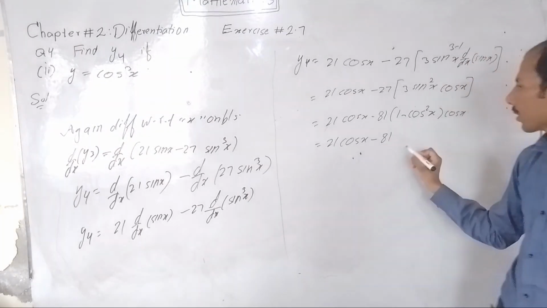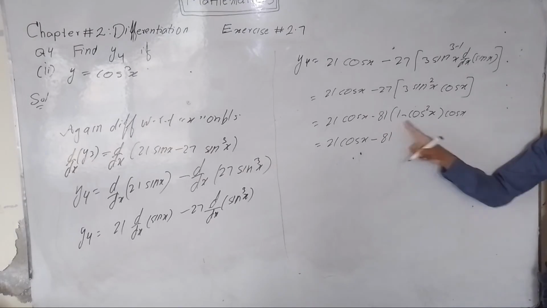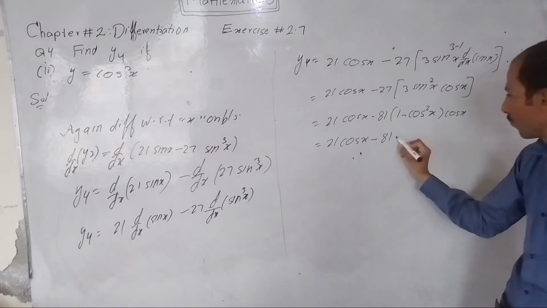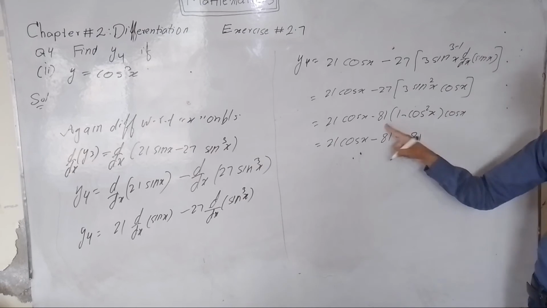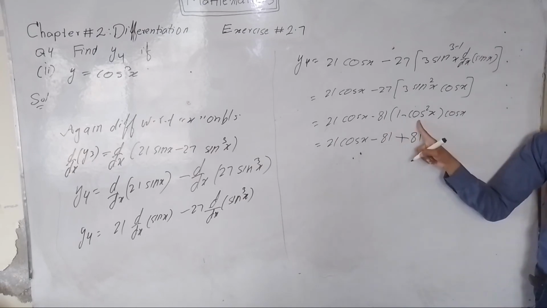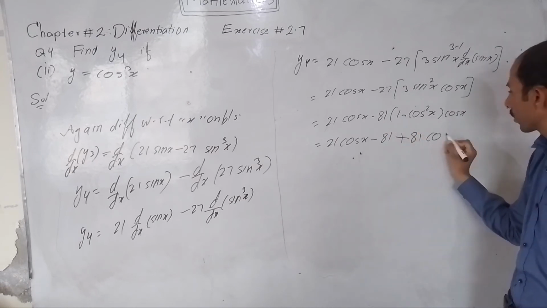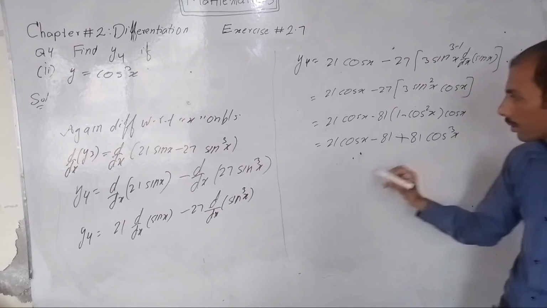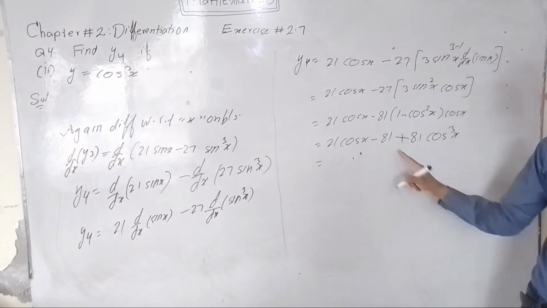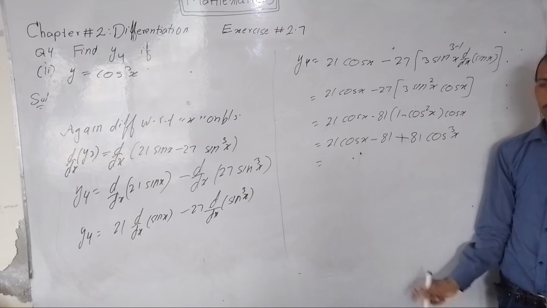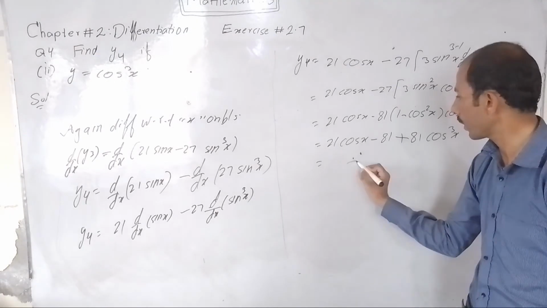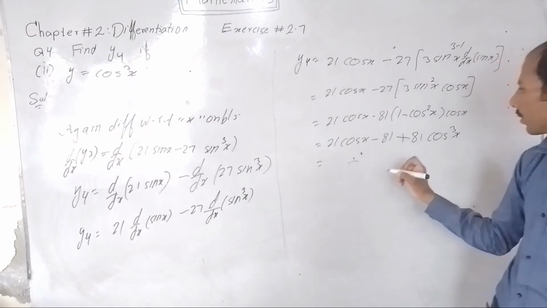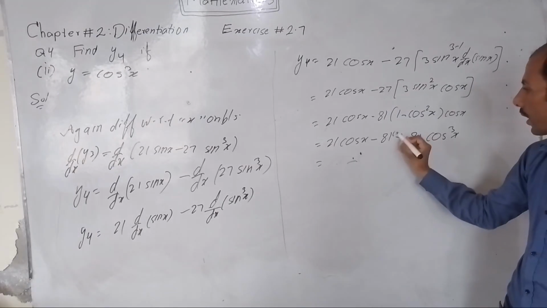Minus 81 cos x, 81 times 1 multiplied by cos x, plus 81 cos x times cos square x, which is cos cube x.